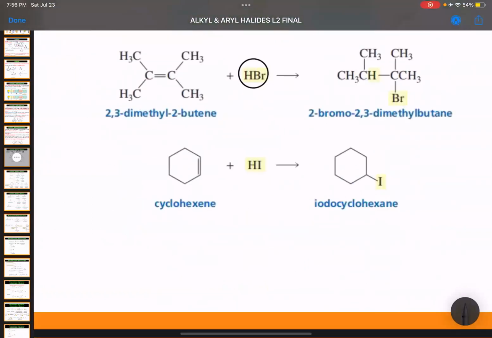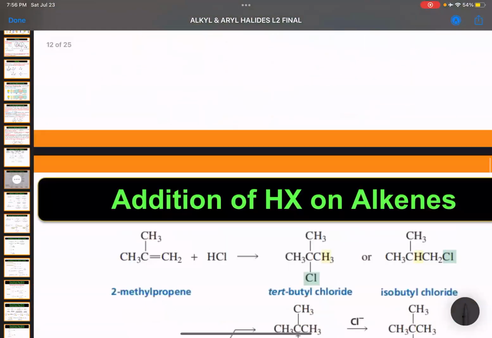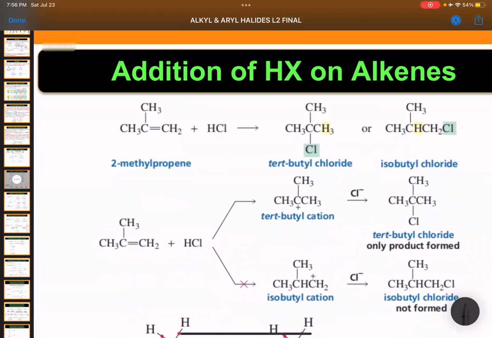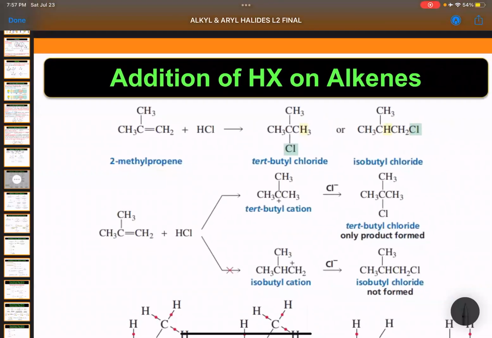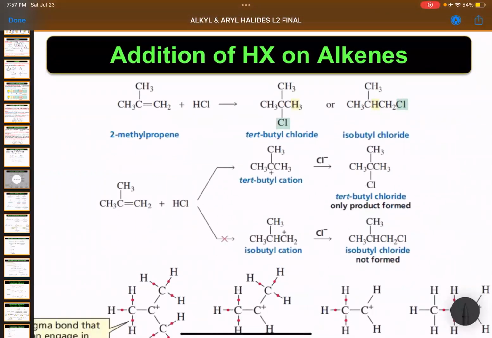Okay, but in this case, there are two possibilities because it is an unsymmetrical alkene. So if there is an unsymmetrical alkene, what's going to be the answer? It will obey Markovnikov's addition rule. And what does it say?